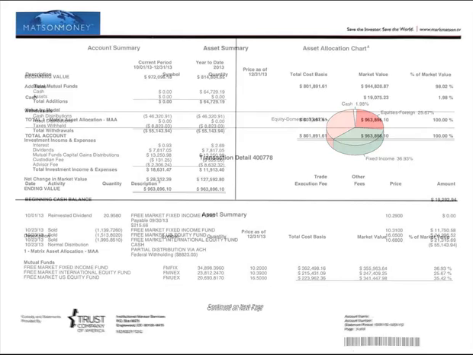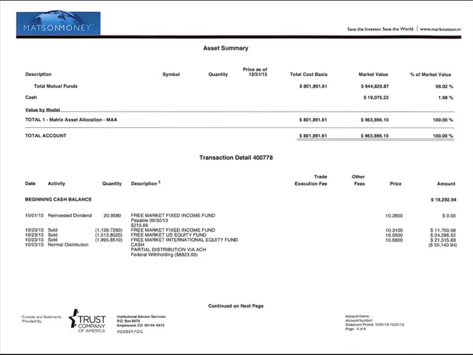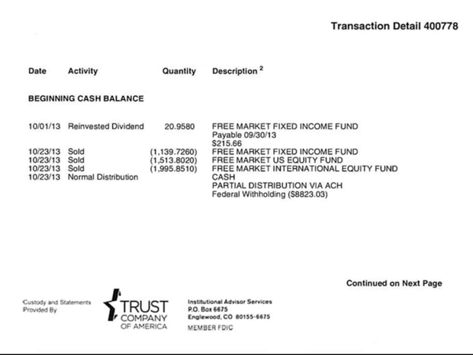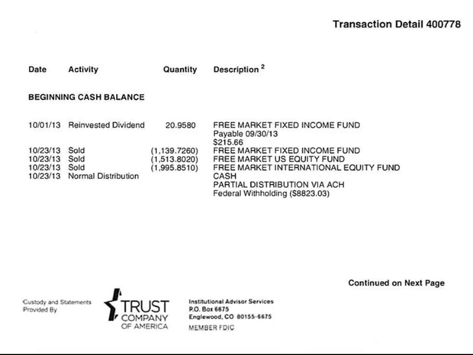So going over to the next slide, you'll see another summary at the top, which is asset summary by funds, and then how the total is arrived at. But the next thing is you'll see it starting at the middle of the page, transaction details, and this will actually show you reinvested dividends, distributions taken out, any type of stock purchases, stock fund purchases or trades.